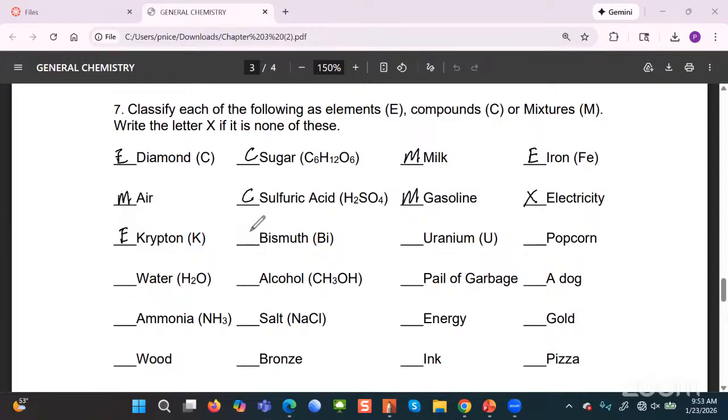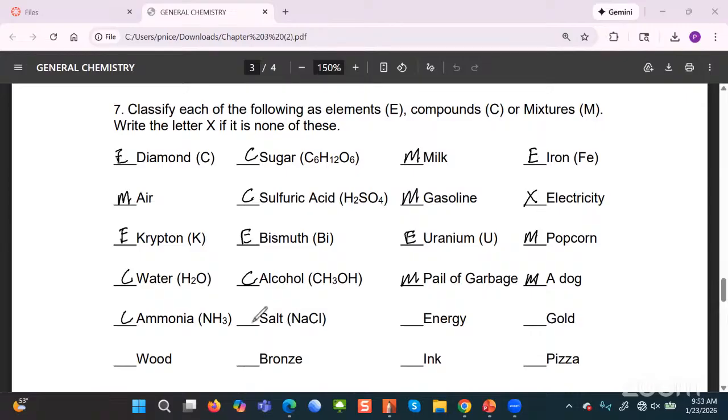Bismuth, element. Uranium, element. Popcorn, mixture. Water, compound. Alcohol, compound. A pail of garbage, mixture. A dog, mixture. Ammonia, compound.